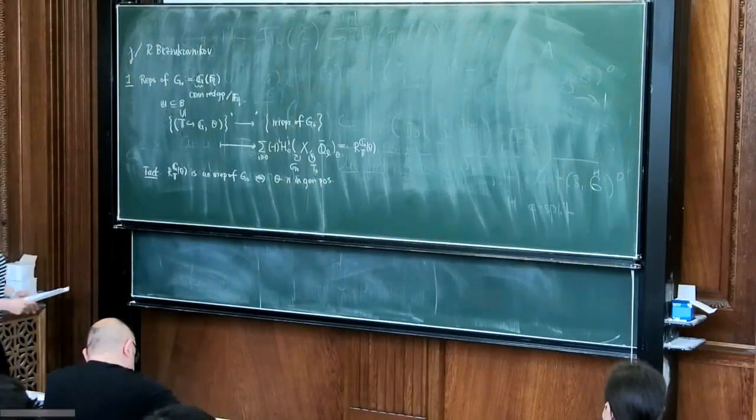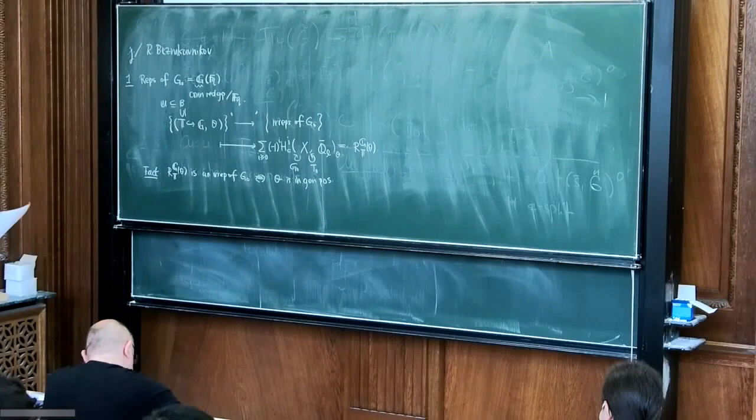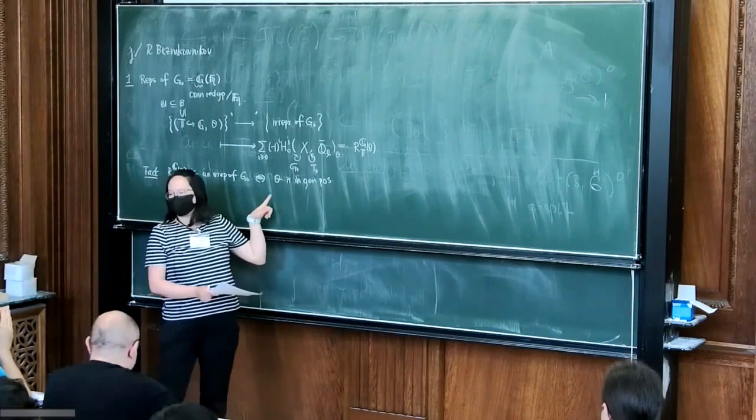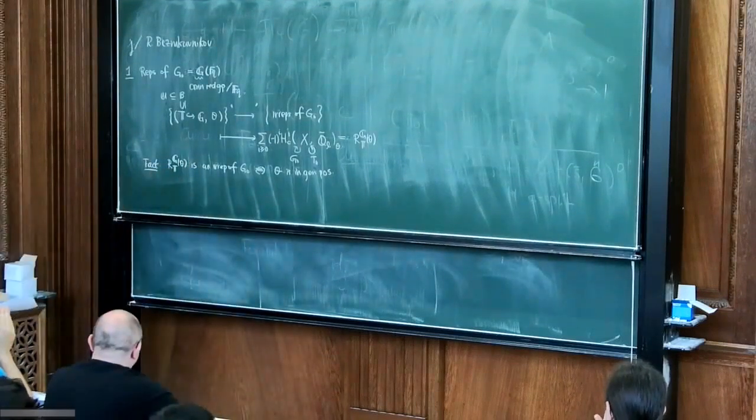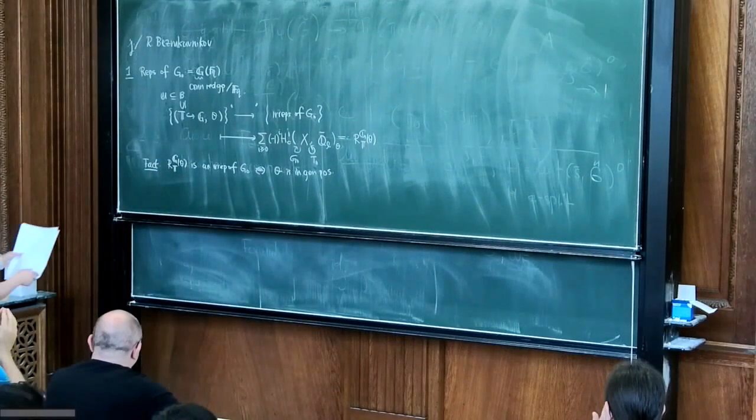So basically all we will consider in this talk is the case when theta is in general position. There's other stuff, it's a little bit more complicated. Let's not worry about it.